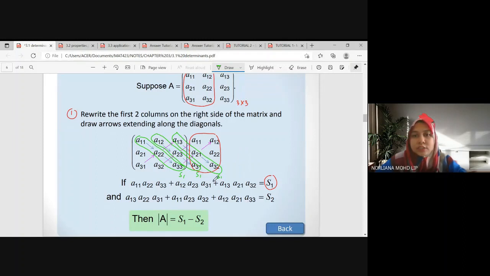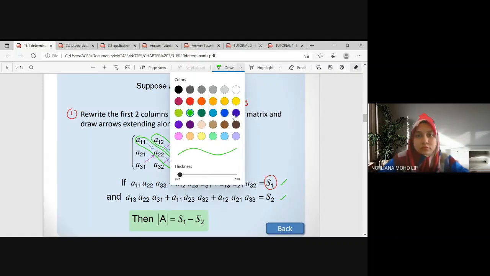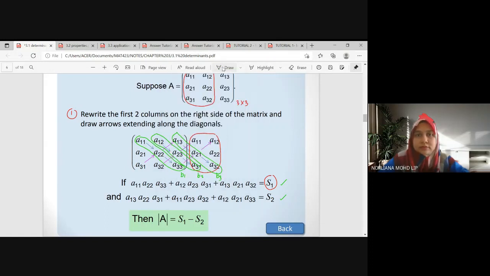It is the summation of these. We can label them B1, B2 and B3, so the addition of B1, B2 and B3 is equal to S1. And then S2, this is the red color.